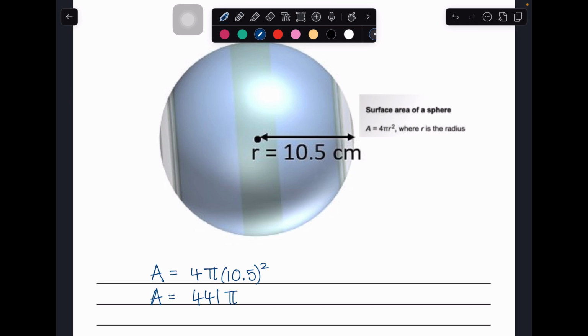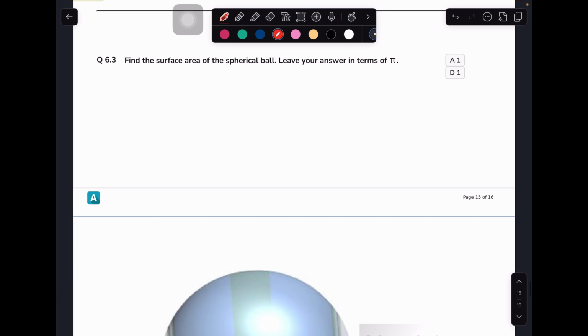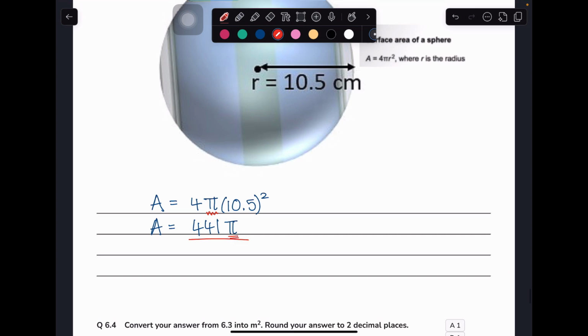Now, a top tip: leave pi out of your calculation if you are asked to give your answer in terms of pi. Then at the end, you can just add it on like I have. And of course, remember your units, which here are centimeters squared.